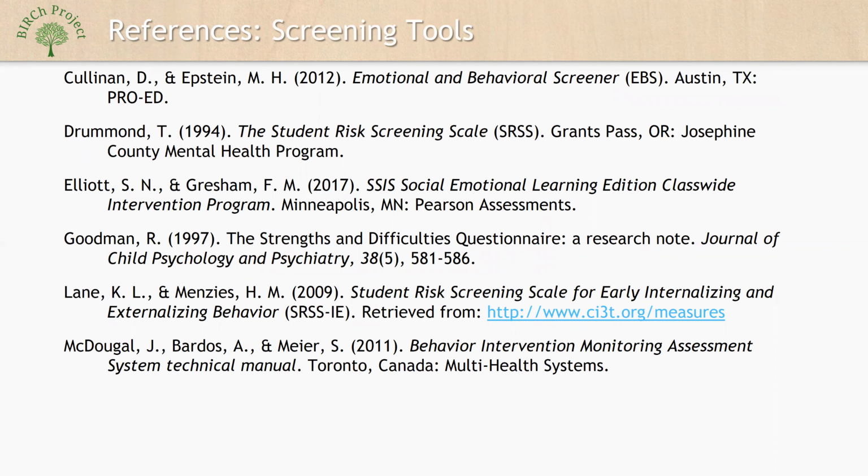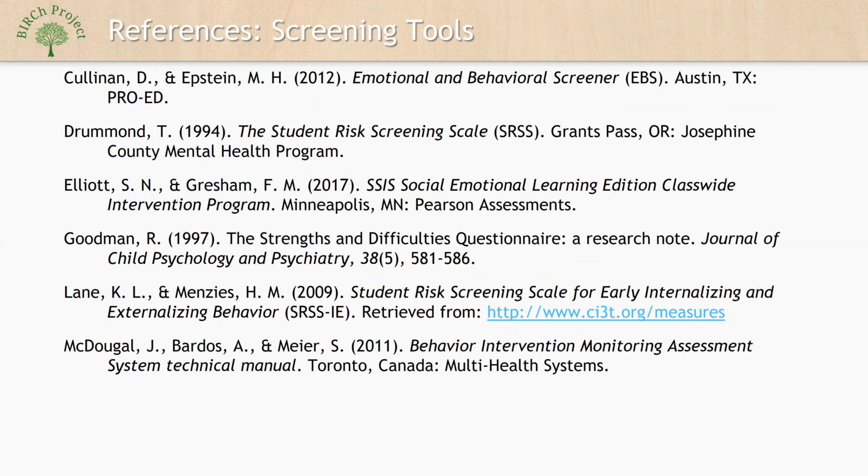These particular screening tools that I mentioned for each method are included in these next 2 reference slides. You can find more information about these from the publishers of these particular measures, as well as research available to you that evaluates some of the properties of these particular measures.